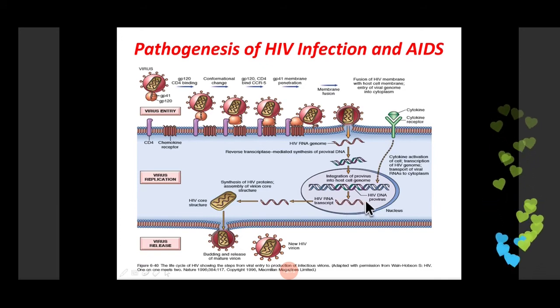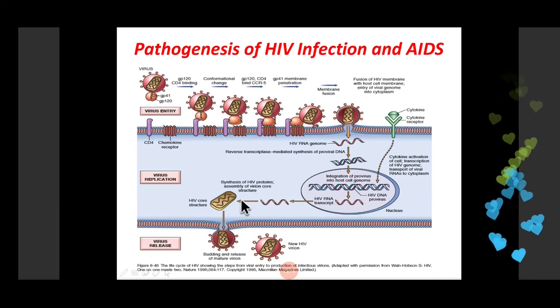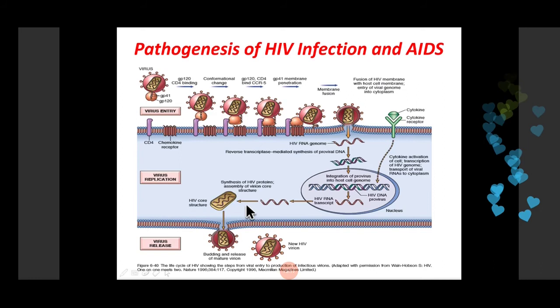So there is proliferation of the virus, and then with the help of the other viral accessory genes, there is synthesis of the viral proteins, the core structure is formed, the envelope is formed, and then the lipid bilayer is formed from the host, and the complete viral particle is formed, surrounded by the lipid bilayer. So now the CD4 plus T cell is loaded with multiple virions.